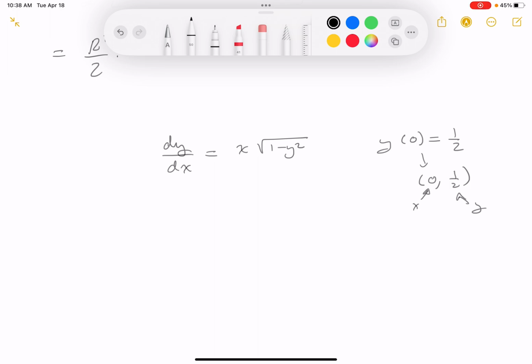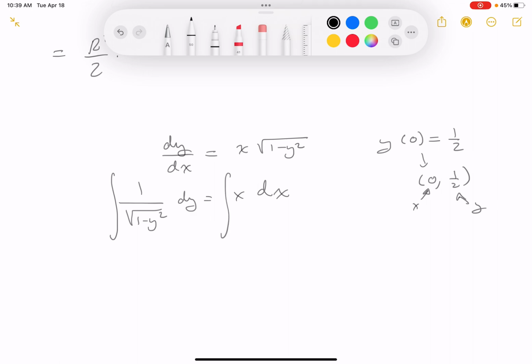Well, I'm going to try to get the problem so I can integrate it, and that means I'm going to get the dx on the one side, dy on the other, and what would I be left with? I'd be left with 1 over the root of 1 minus y squared dy would equal x dx. And I'm going to integrate both sides now. Again, it's a separable differential equation.